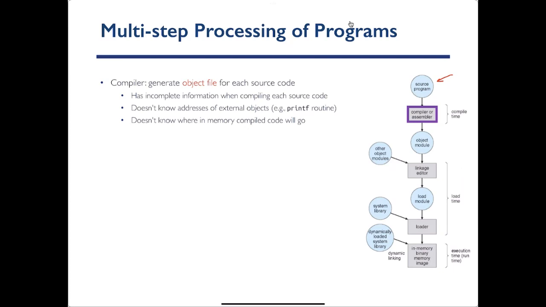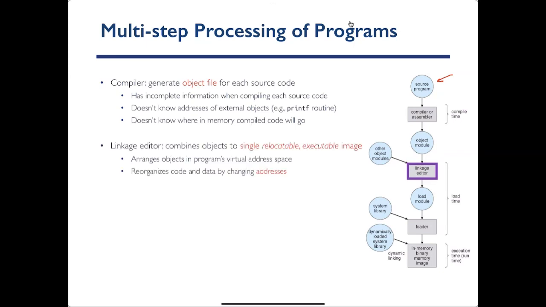So there might be objects that you're using in your source code that the compiler doesn't know where they are. The other thing is, at the time that you're compiling your code, you don't necessarily know where this code will be loaded in memory. So the compiler cannot produce absolute addresses for everything, right? Basically for nothing, because it doesn't know where each code goes. So everything is kind of like relative, the addresses that the compiler produces.